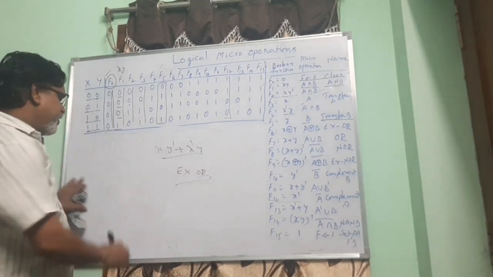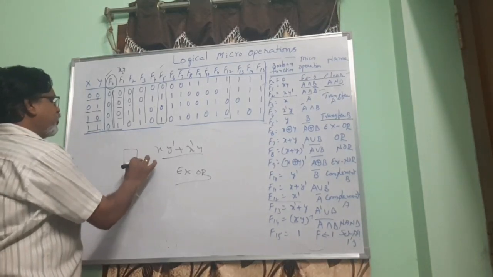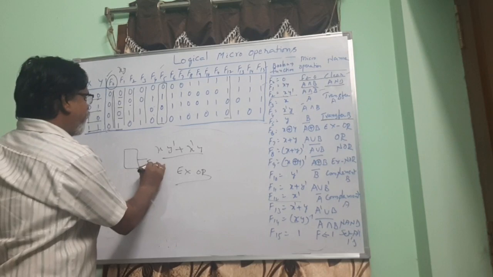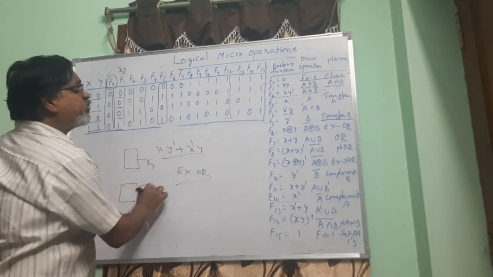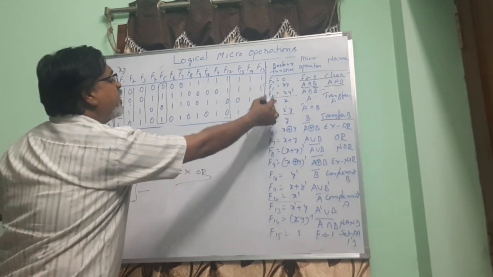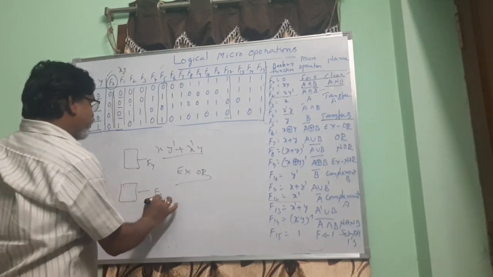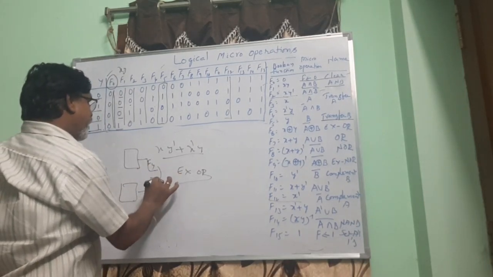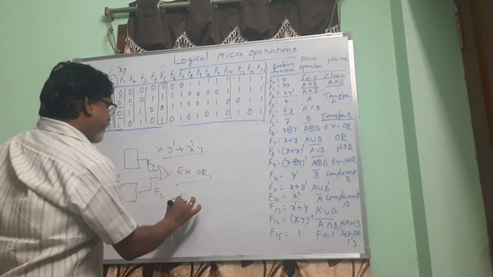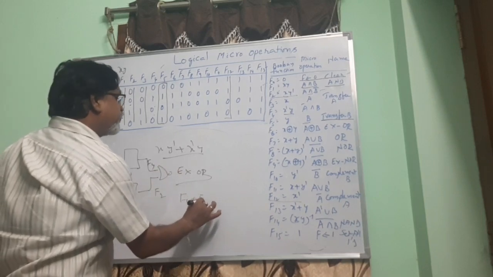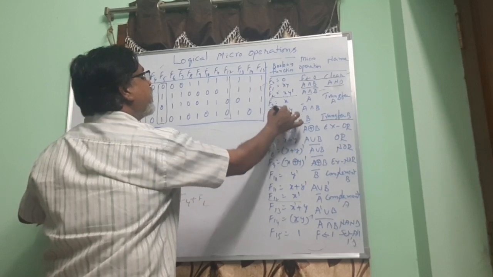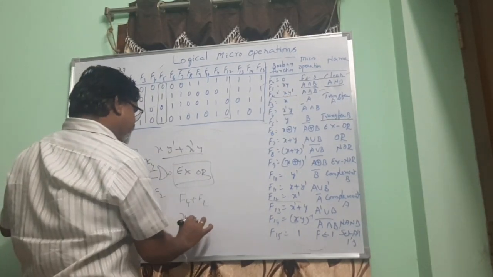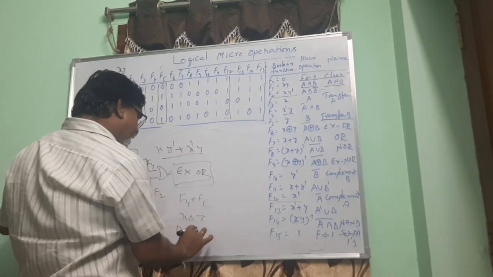When you draw a circuit for which one output will be F4 and the second output will be, say for example, F2, and you give these two to an OR gate, F4 plus F2, that is x bar y plus x y bar, is nothing but exclusive OR between x and y, that is A and B only.